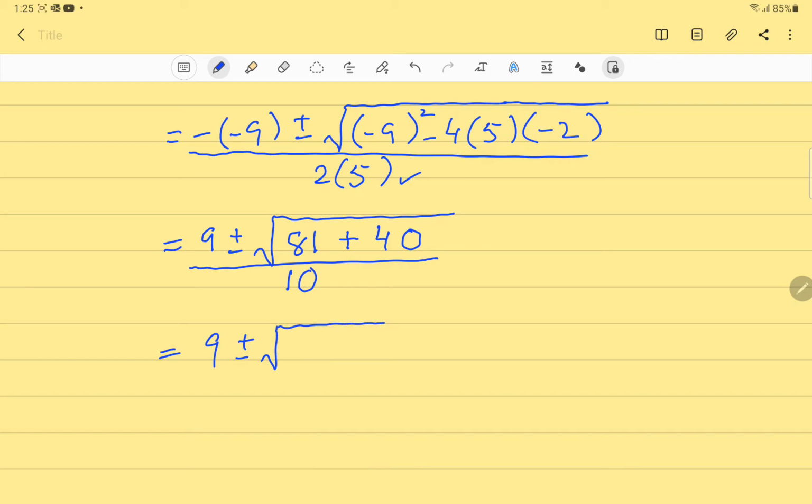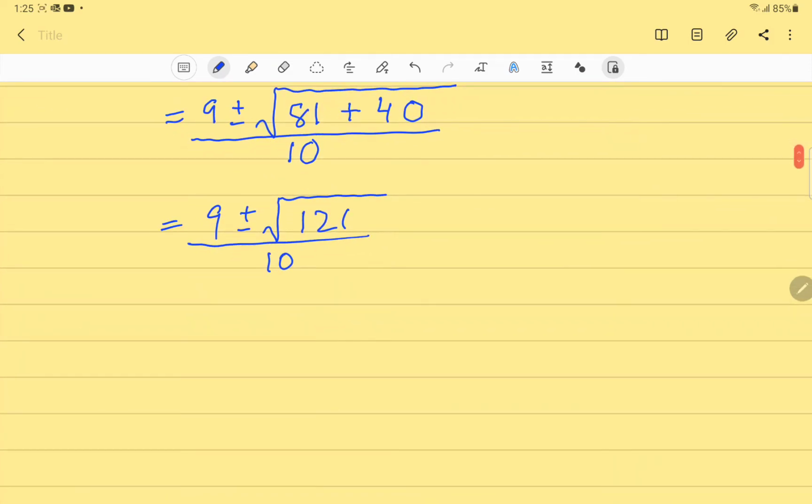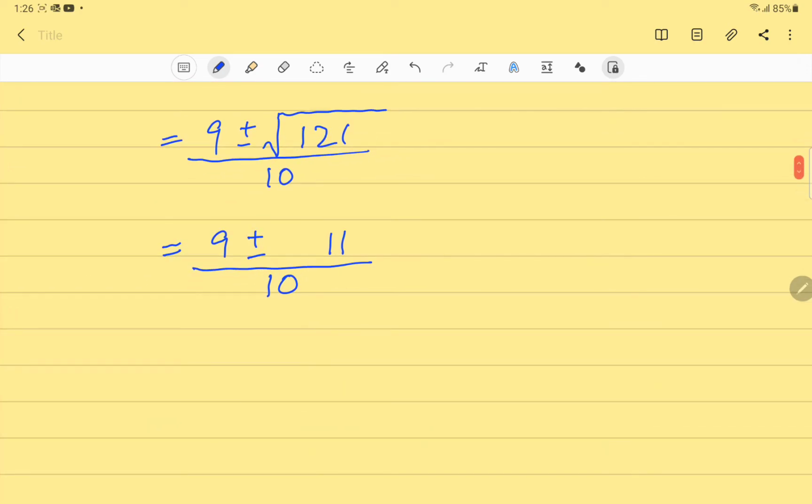We will add 81 and 40. It will come to 121. The square root of 121 is 11.